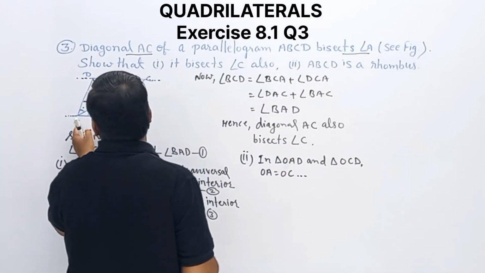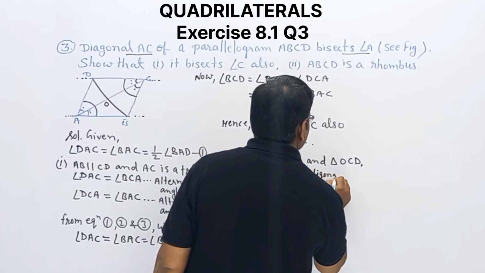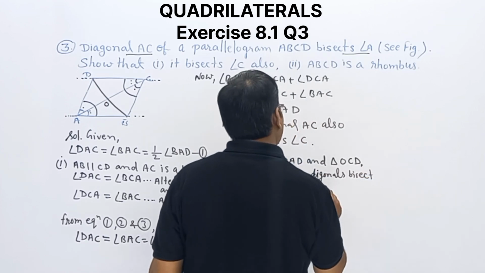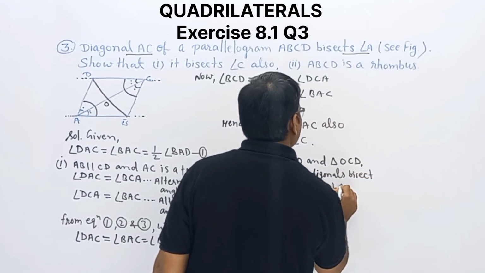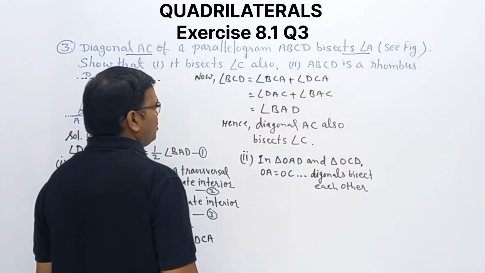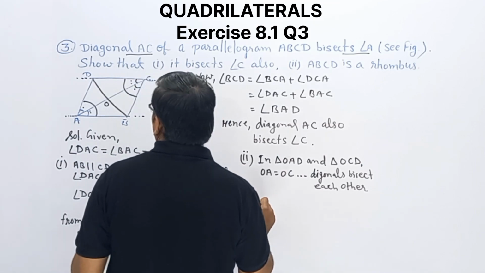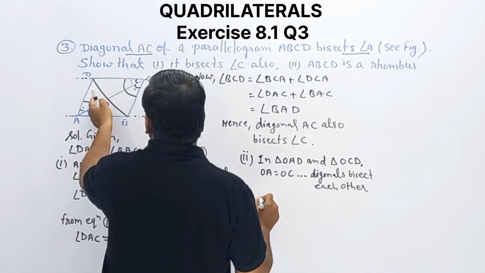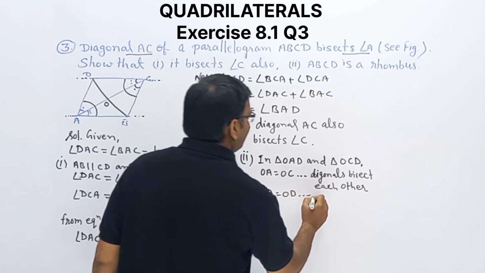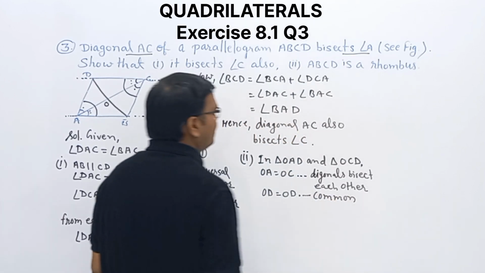Why does OA equal OC? Diagonals bisect each other. OA equals OC. Another thing, OD: in both triangles OD equals OD, it is common. This one is common.